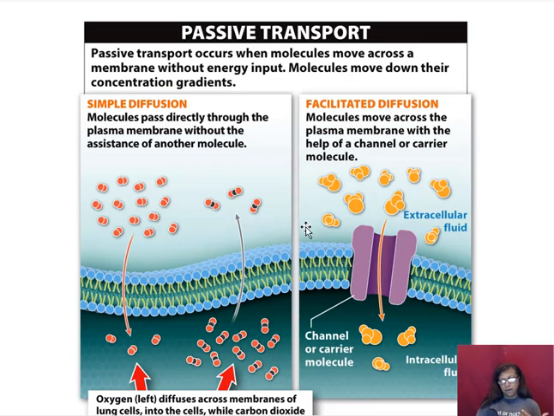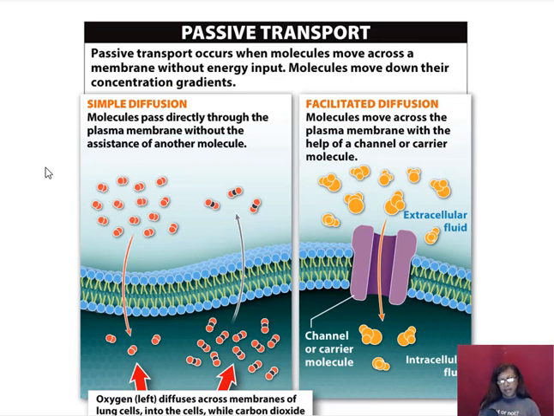They're going to go from a place of high concentration to a place of low concentration. It takes no energy for that to happen. That's just simple diffusion, just like dropping that dye into the water. They just spread, they get away from each other, right? They move to a lower concentration.